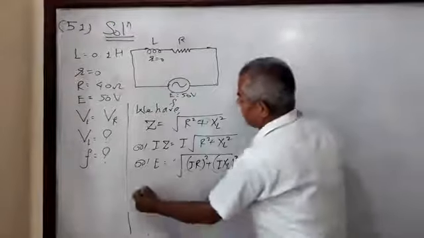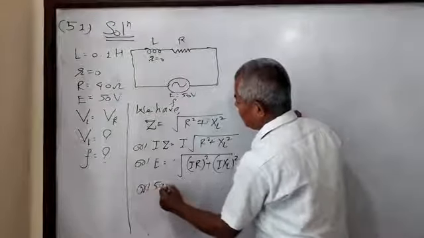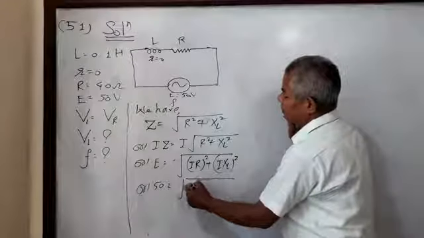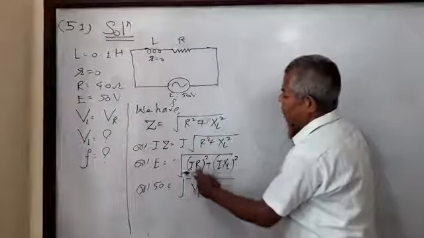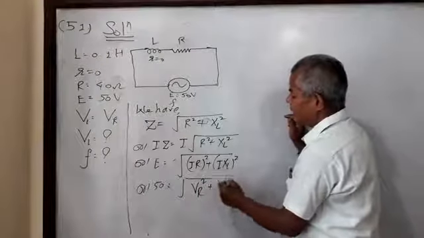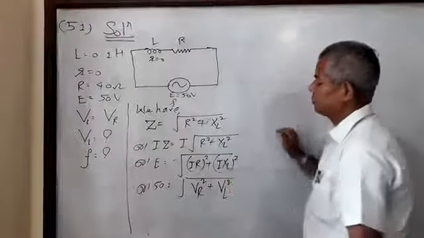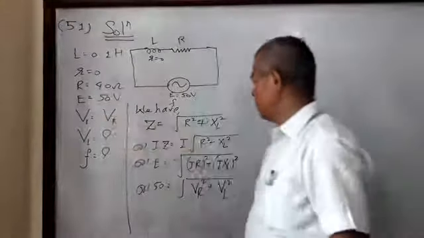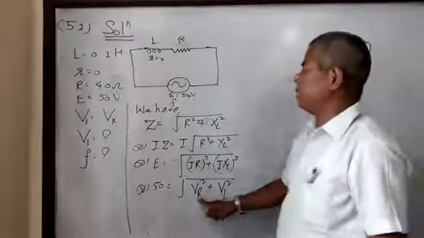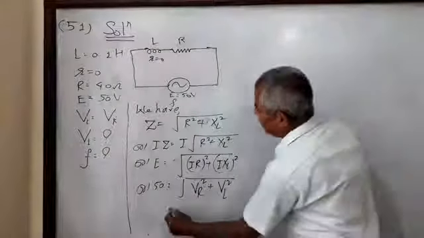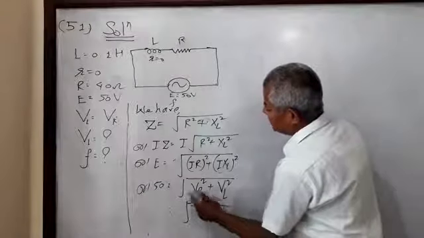E has value 50 volt, and I into R is VR, so VR whole square, and I into XL is VL, square. Then here VR is equal to VL, as given in the condition. Then VR is replaced by VL.